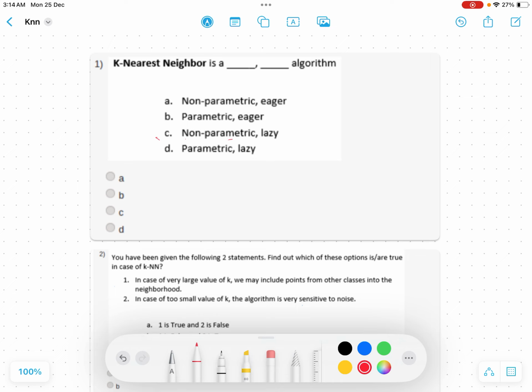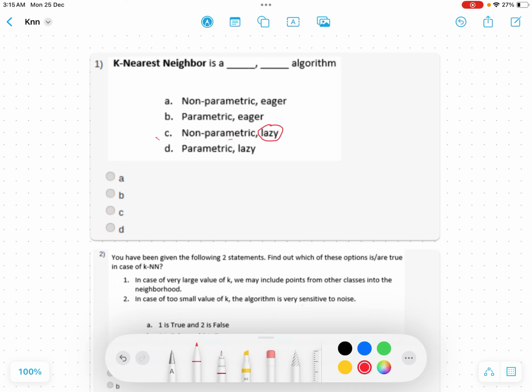The first question is: k nearest neighbor is a dash algorithm. We are given the options parametric, non-parametric, eager and lazy. So the first point is that this is a lazy algorithm. Why? Because at test time it takes too much computation. If we have a large number of data points, then it is going to calculate all of the distances from the test point.